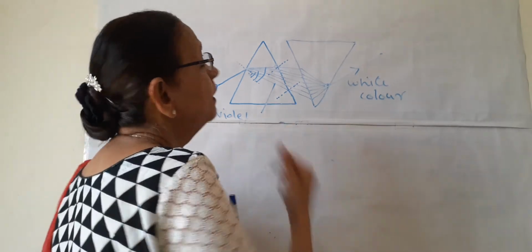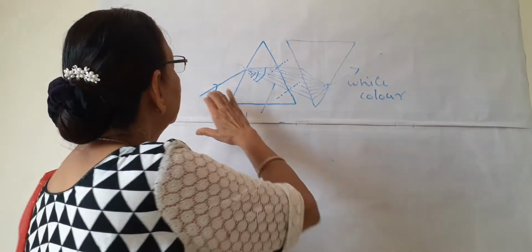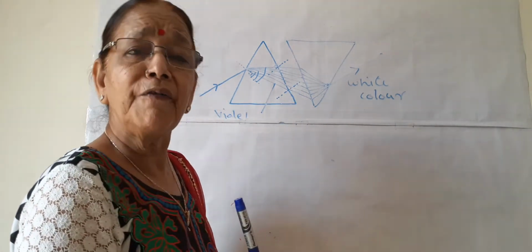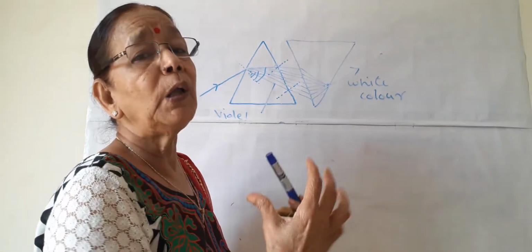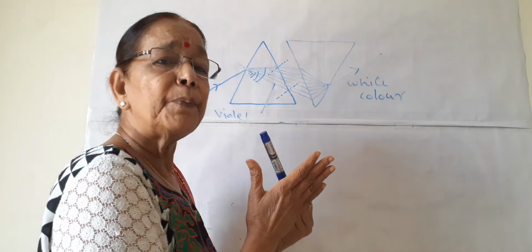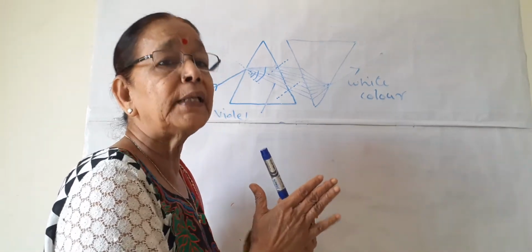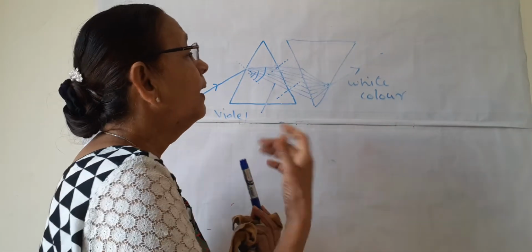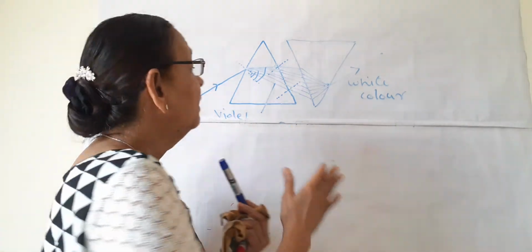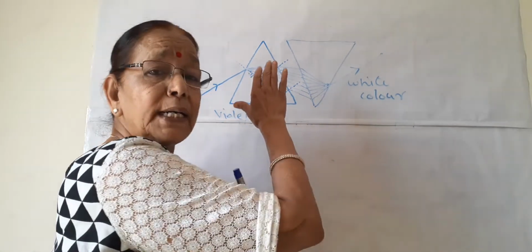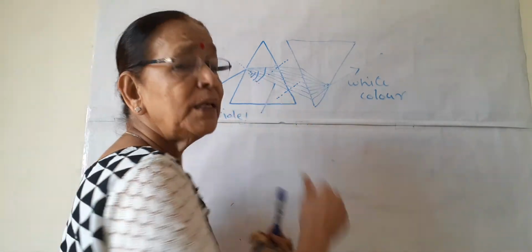So this experiment shows that white light is made up of 7 colors, and in a white ray, all the 7 colors are present so close to each other that the human eye cannot distinguish them separately. They can be separated, or dispersed, by these prisms.